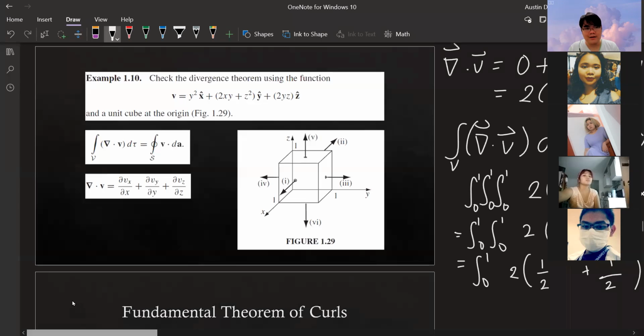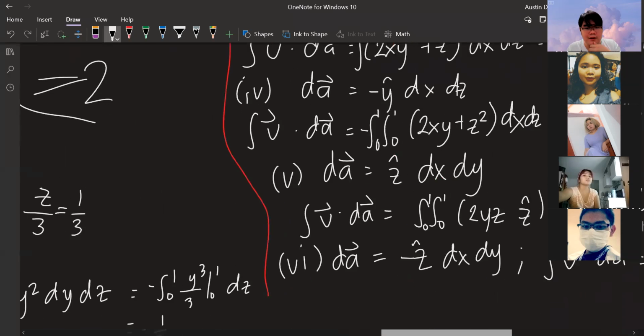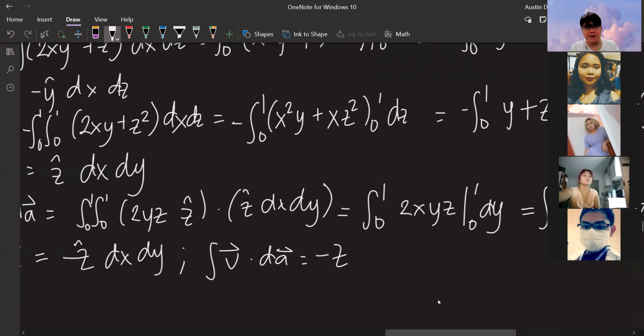Okay, let's look back. Tingnan natin kung nasaan si z at number 6. So, si z at number 6 would be this lower face, itong nasa ilalim. And that is just z is equal to 0. Okay, so I'm left with 0.